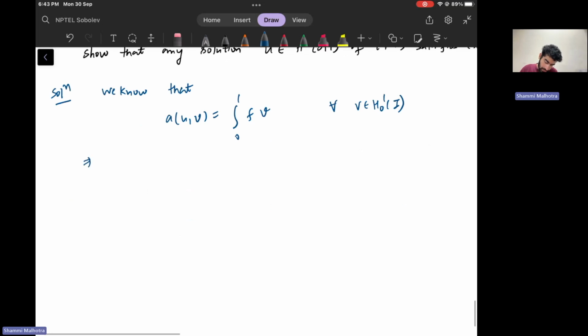So what is this? This is nothing but the integral from 0 to 1 of u dash v dash plus the integral from 0 to 1 of u v, equal to the integral from 0 to 1 of f times v.